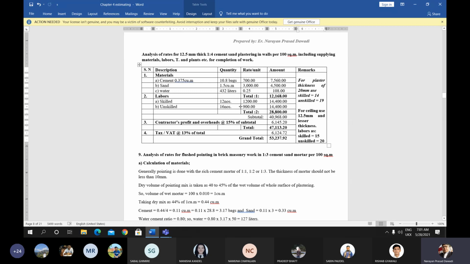Calculation of material can be done for other proportions also in a similar manner. First of all, find the total volume of the plaster surface, that is the volume of mortar. Add 50% or 55% extra. You will get the dry volume of mortar, and that dry volume of mix is divided by the total proportion.